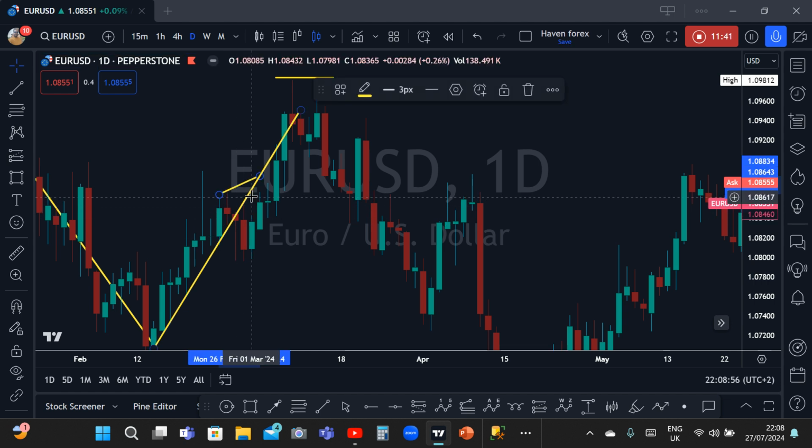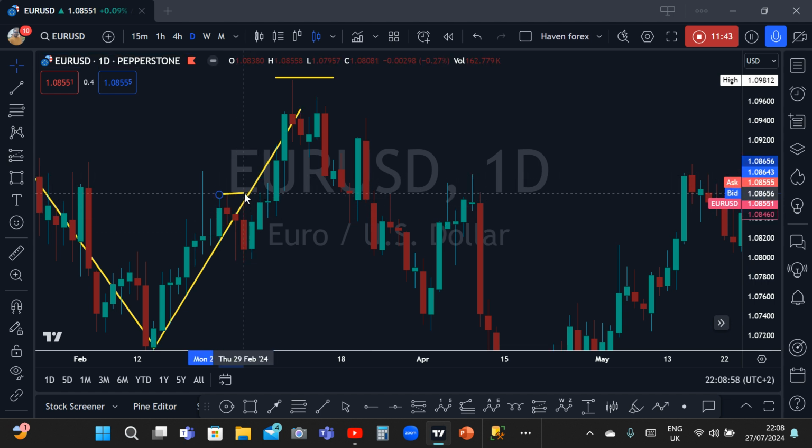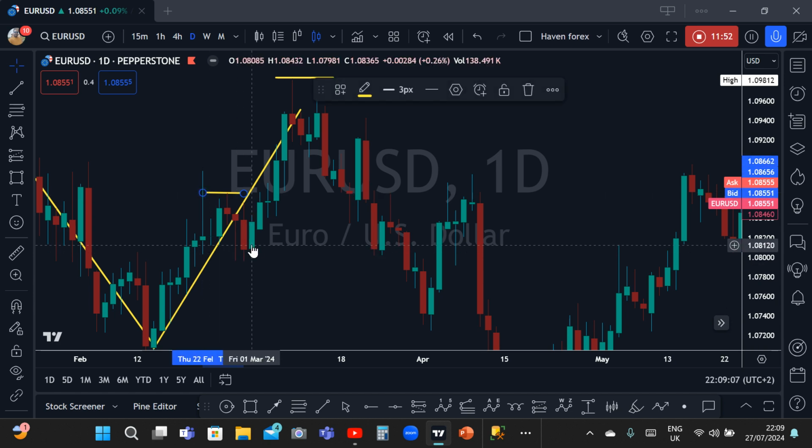This is the actual candle that forms the high. Now, this guy here broke the structure. That means this high is taken. That means the underlying trend continues, the corrective phase continues.